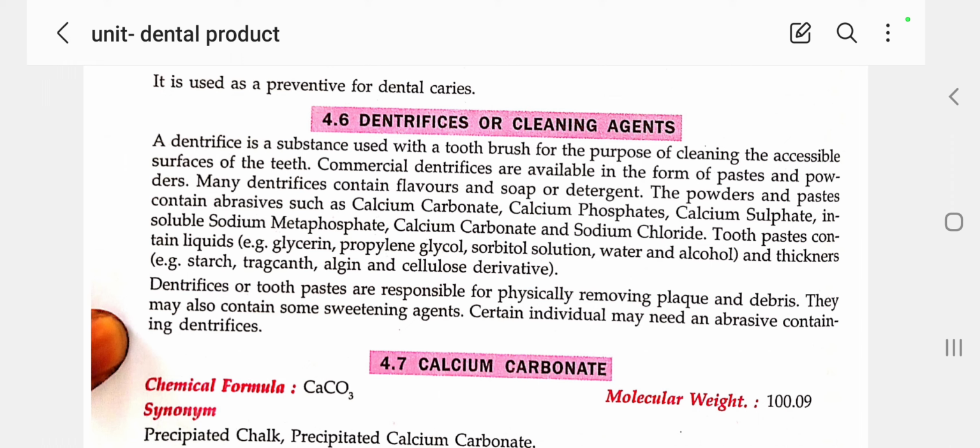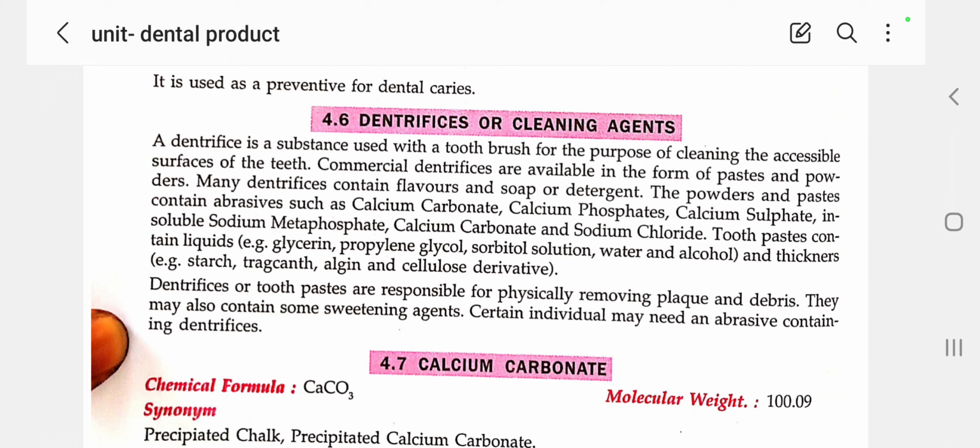But toothpaste contains liquids, for example glycerin, propylene glycol, sorbitol solution, water and alcohol, and thickeners like starch, tragacanth, algin, and cellulose derivatives. These are used to thicken the paste.